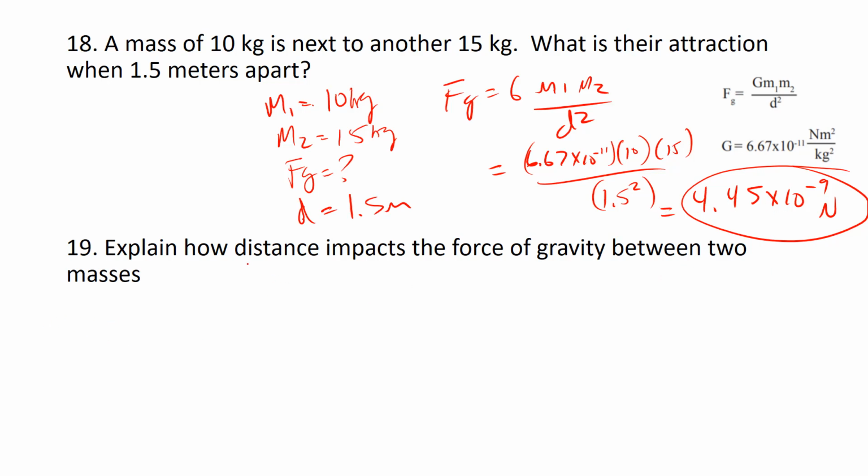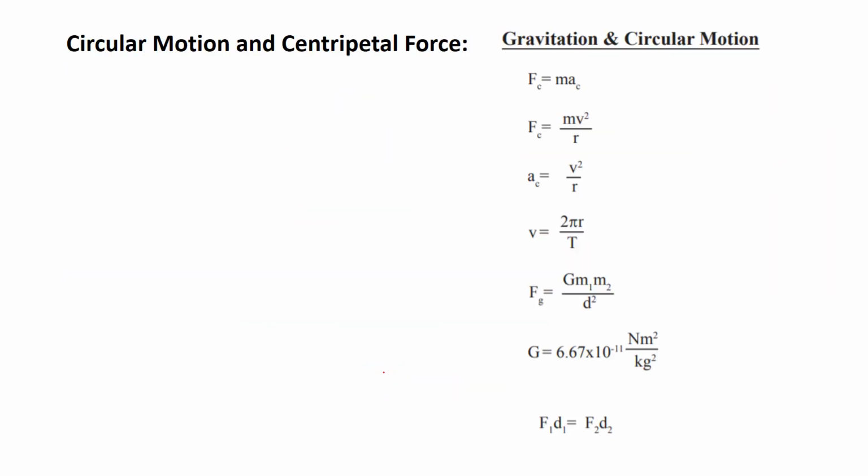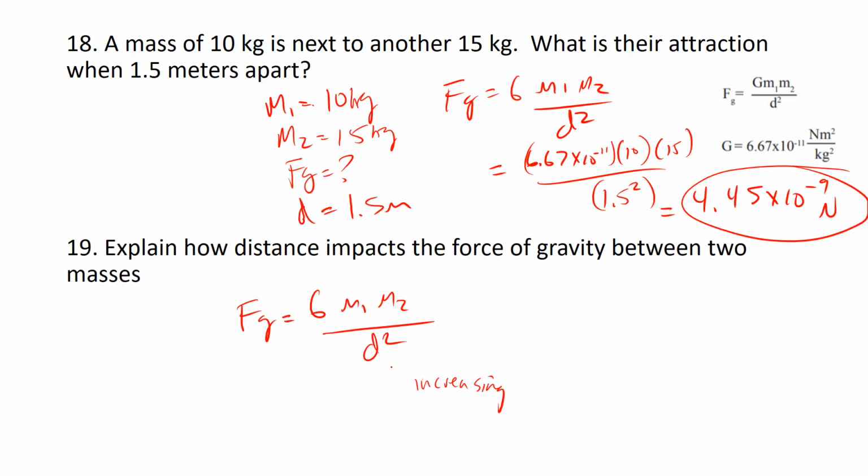Okay, explain how distance impacts the force of gravity between the two masses. So Fg equals capital G m1 m2 over d squared. And so if distance is increasing, then the force of gravity is going to be decreasing, but not just decreasing, but decreasing rapidly. So when that's increasing, that is decreasing faster.